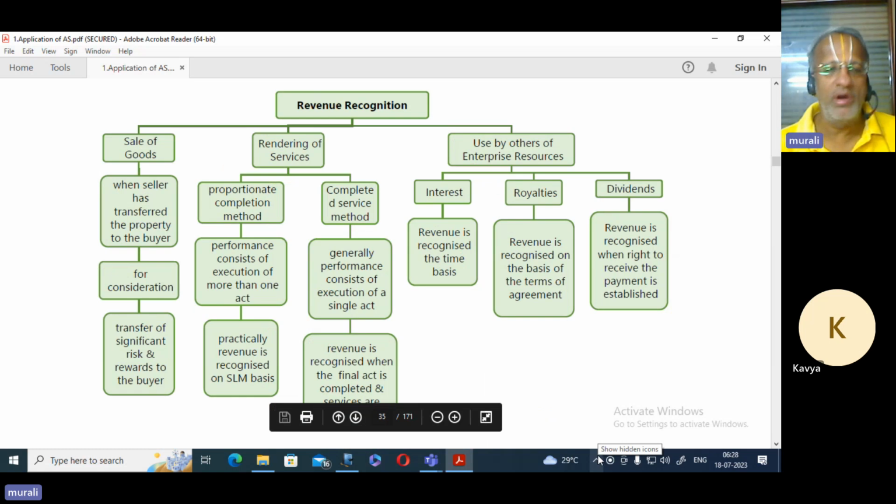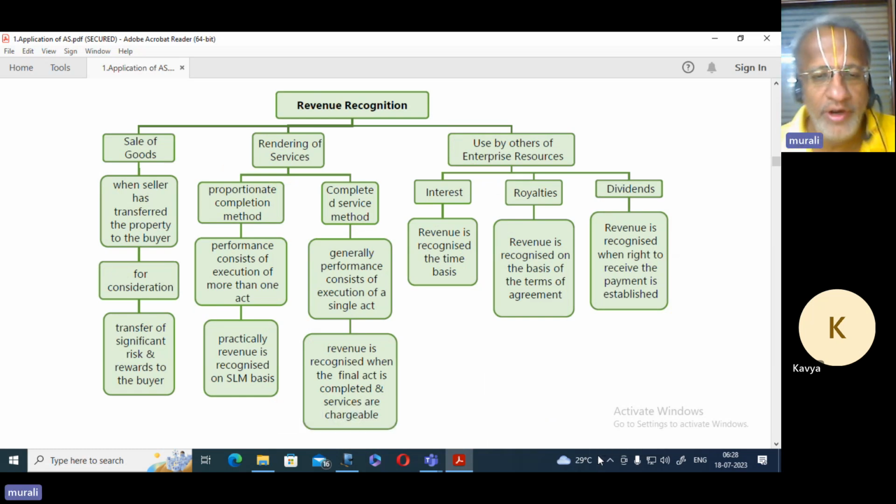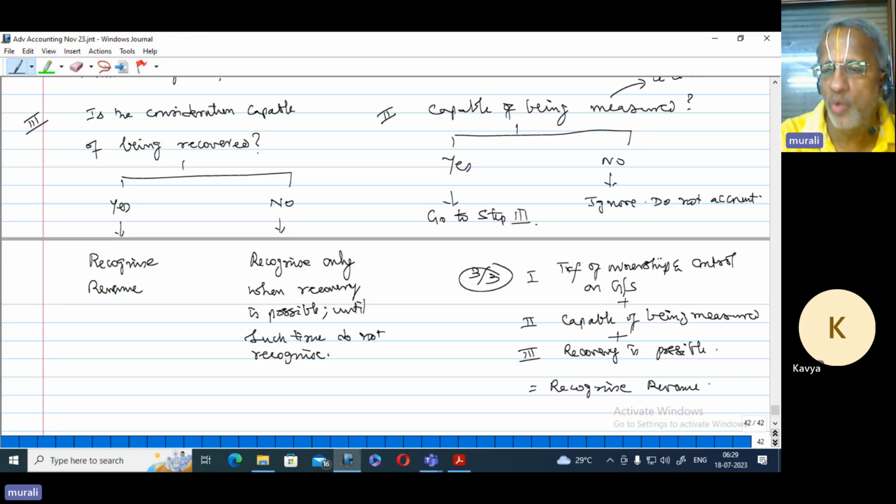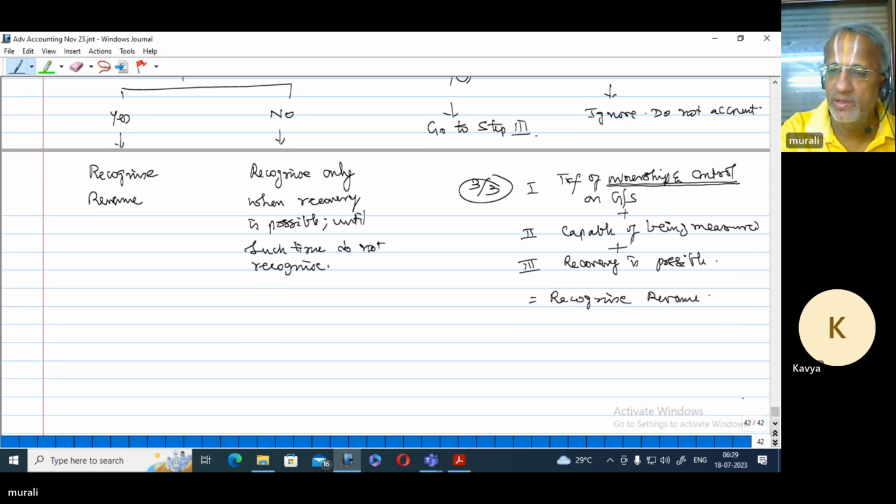Now, to make this particular item easy for us, by what point of time can they be recognized? This chart given by the institute itself is sufficient. When it is goods, the seller has transferred the property for consideration, with transfer of significant risk and reward to the buyer. People might ask, sir, what do ownership and control mean?